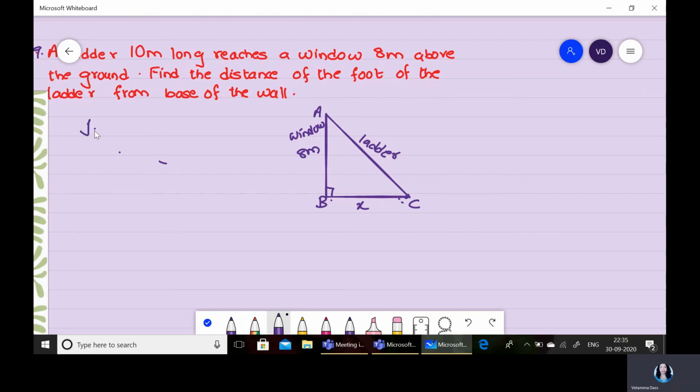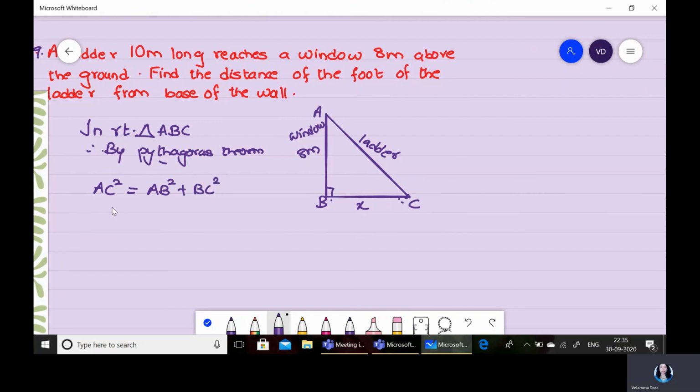So here in right triangle ABC, whenever you see a right triangle, you should remember, students, that we should use Pythagoras theorem. By Pythagoras theorem, AC square equals AB square plus BC square.